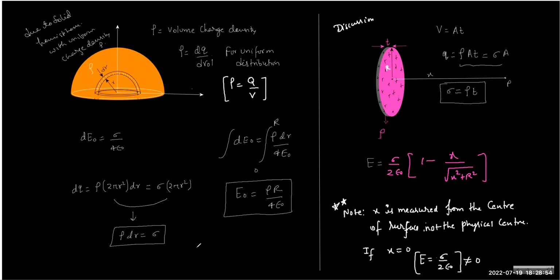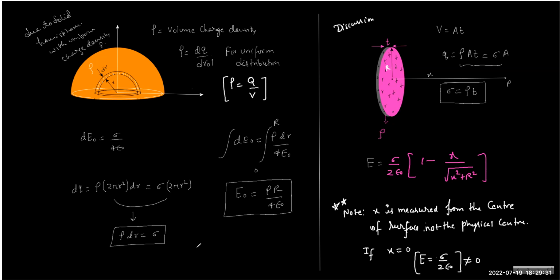Yes. Anybody getting the idea of what I'm discussing here? So x is not something we measure from the physical center. X is something that we measure from the center of the surface of the disk on either side. It doesn't matter which side you choose. So there is a difference between the physical center and the center of the surface, and this confusion is very much prevailing, and therefore I wanted to explain it explicitly.